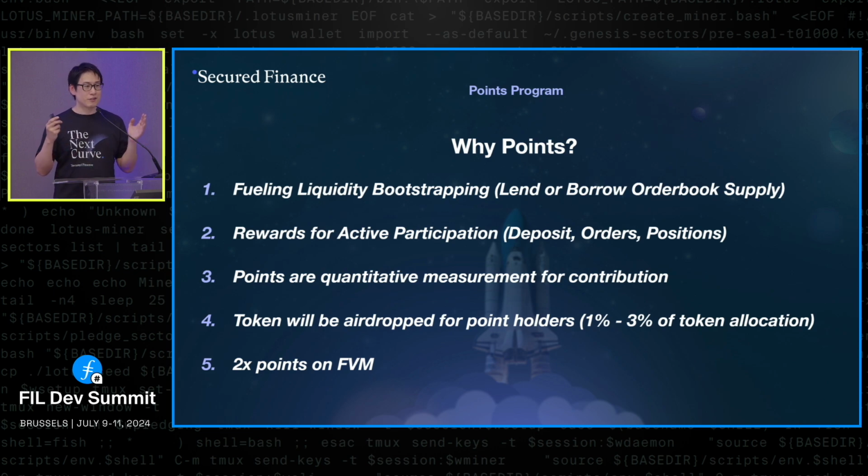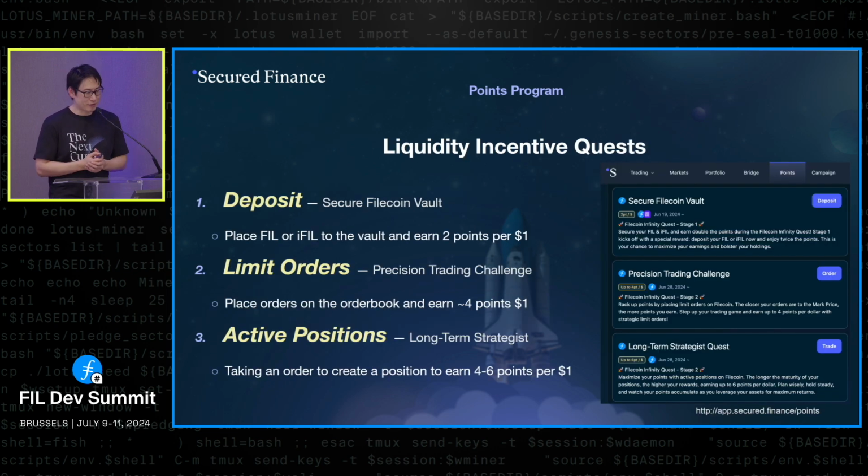And as our incentives go further, we double the points for the FVM market. So please join us now for the FVM thing, FVM providers. If you come to our app/points, it's already listed, 3 types of quests.